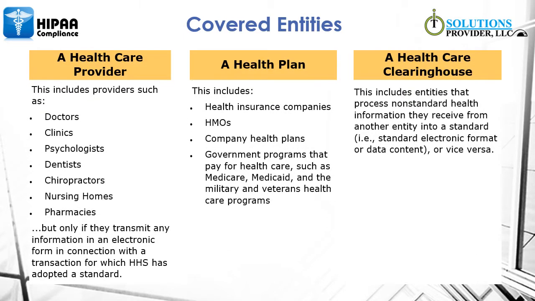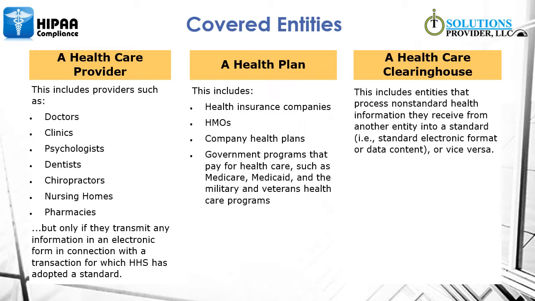Now let's talk about covered entities. A covered entity is one of the following: a healthcare provider, for example, doctors, clinics, psychologists, dentists, chiropractors, nursing homes, pharmacies, or a health plan, for example, health insurance companies, HMOs, company health plans, government programs that pay for health care, such as Medicare, Medicaid, and the military and veterans health care programs.